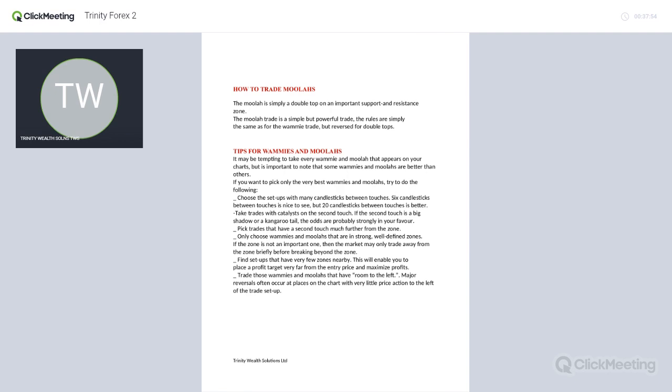If the second touch is a big shadow or a kangaroo tail, the odds are probably strongly in your favor, right? So you will notice it's a double bottom, and the second bottom is slightly higher than the previous one. And where there is that second bottom which is higher, there is another pattern.